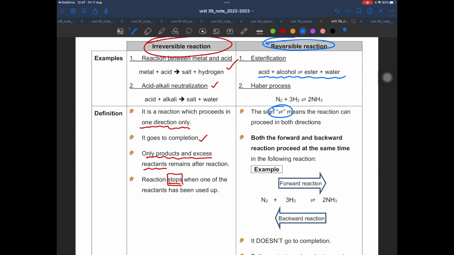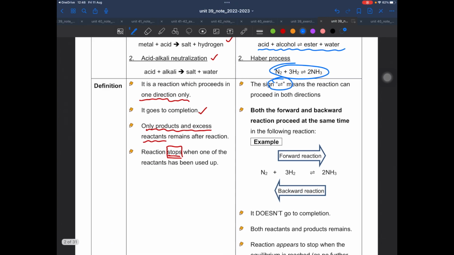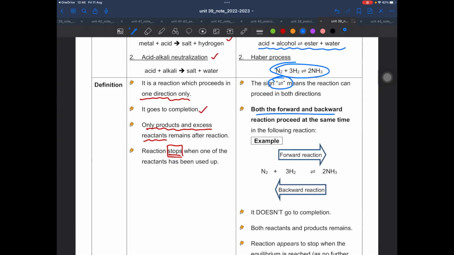That's the point. Another famous reaction we will come across in a later section is the Haber process, the reaction between hydrogen and nitrogen to form ammonia. Yes, both forward and backward reactions proceed at the same time.